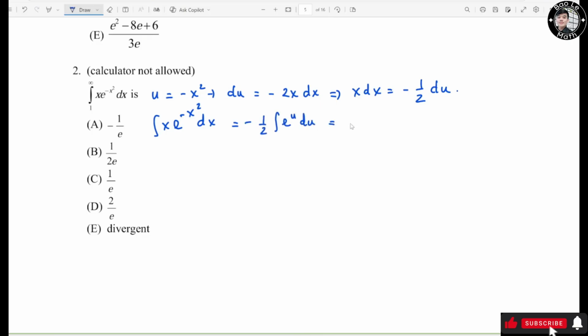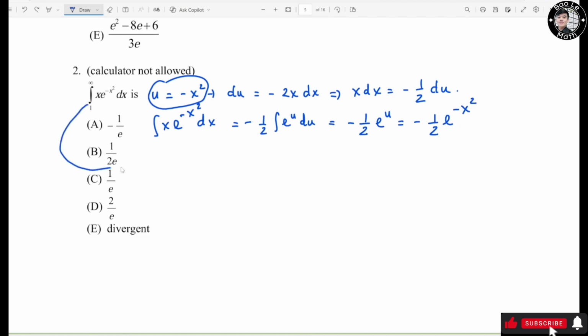So this guy becomes negative 1 over 2 e to the u, right? So substitute this guy back for u, right? So it could be negative 1 half e to the negative s squared, right?